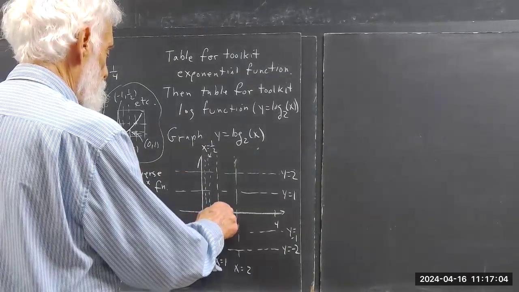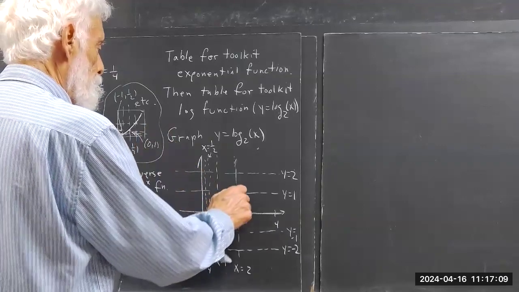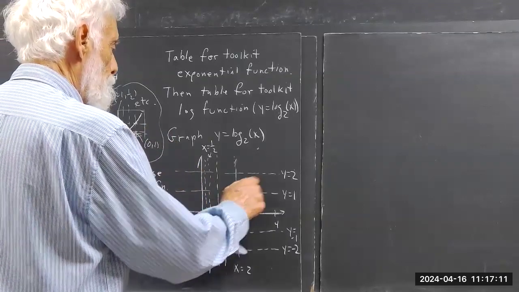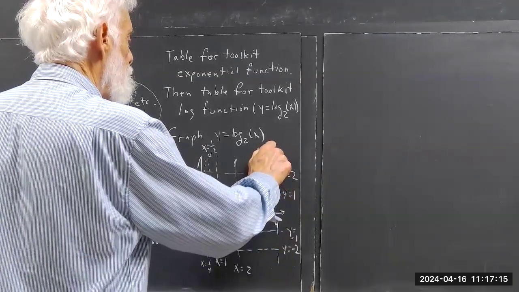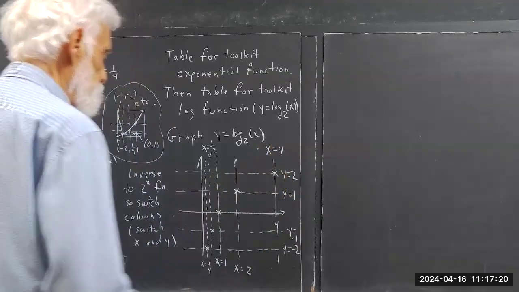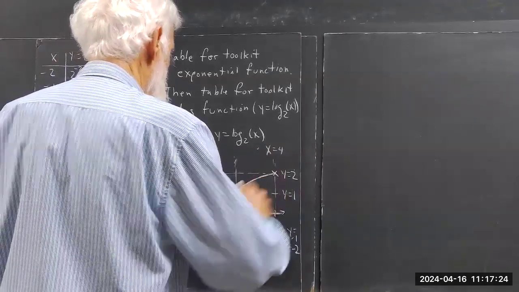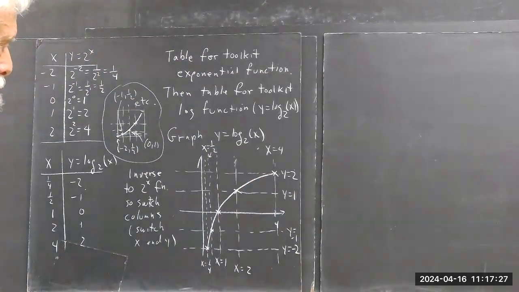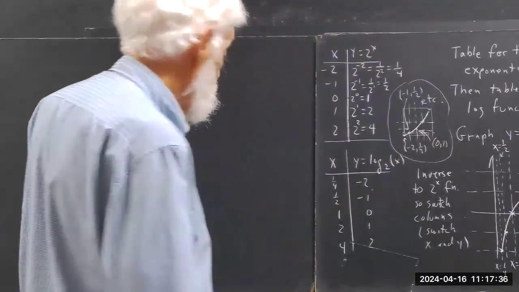And then the point 1, 0, the point 2, 1, and the point 4, 2. And right here's our point. So take a minute, sketch that graph, then we're going to do some transformations.